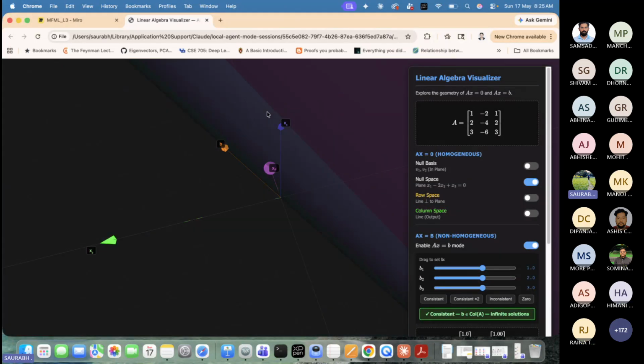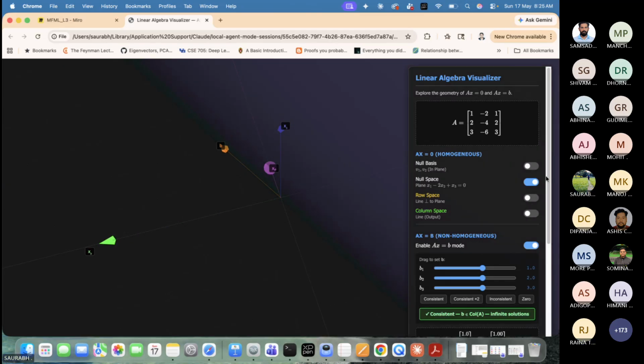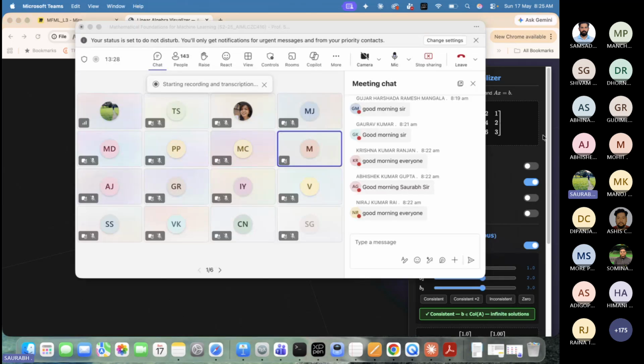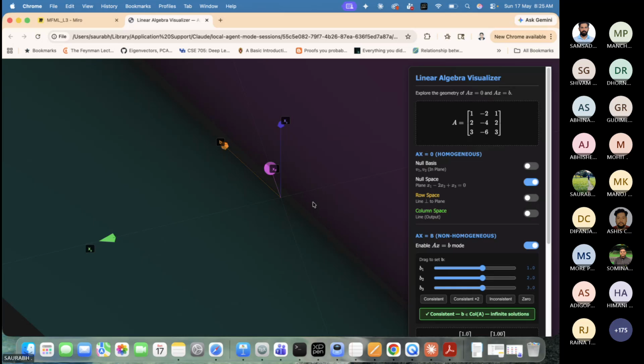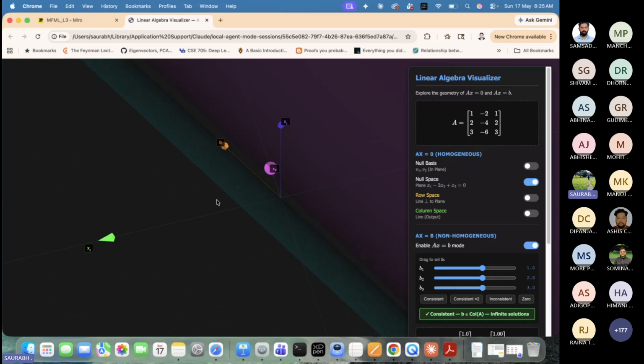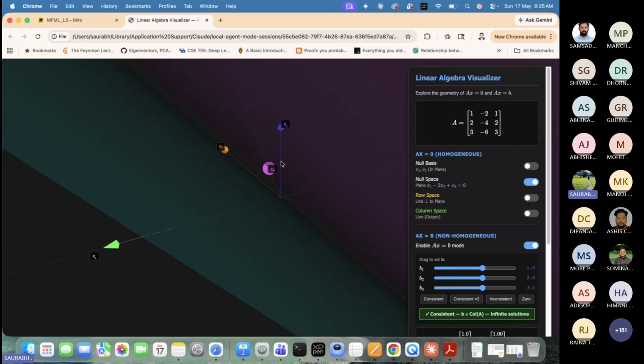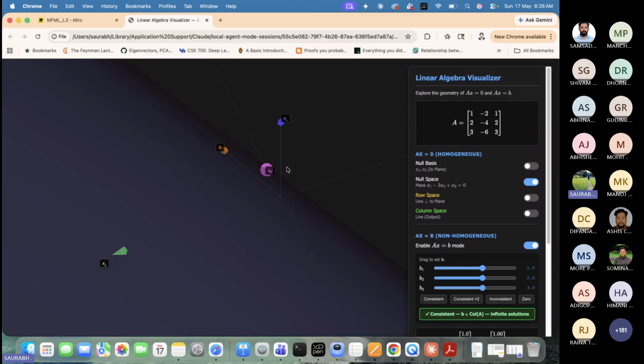And the deep blue color is the null space. This is the null space that you see, the greenish, bluish shade, whatever that color is. This particular color is the null space, and the solution space is the purple one.